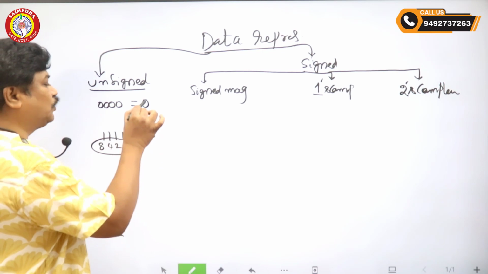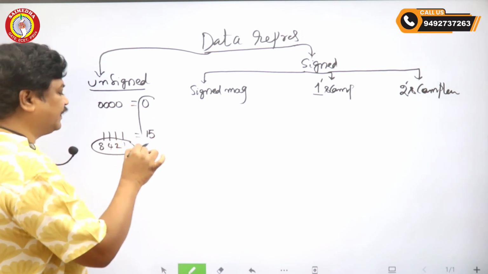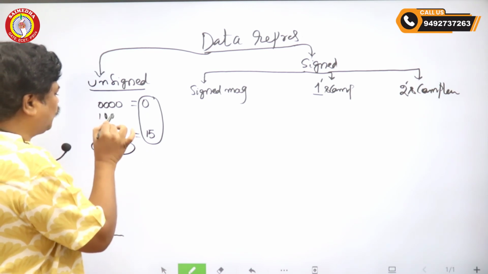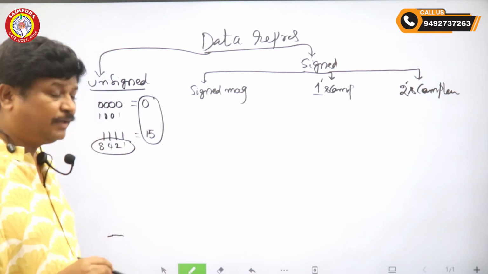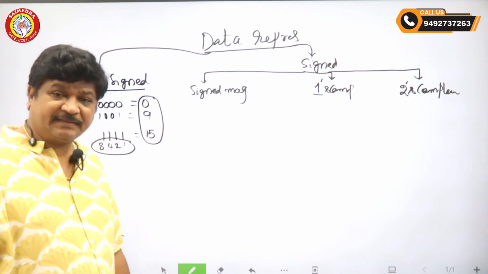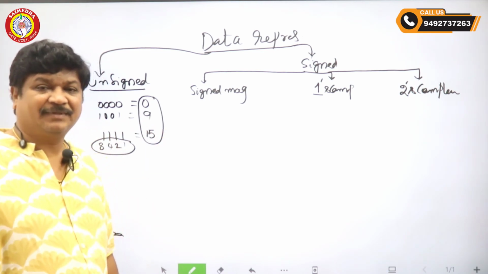So the range is 0 to 15. For example, if there is a number 1, 0, 0, 1, its value is 9. Is it clear?